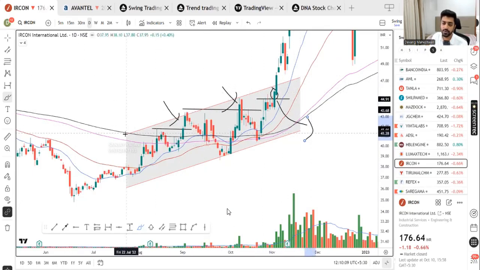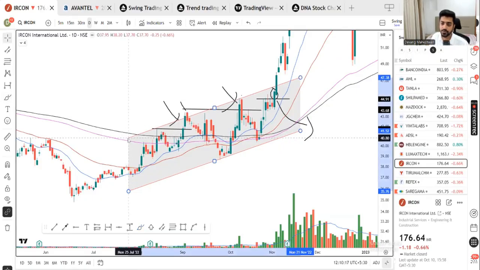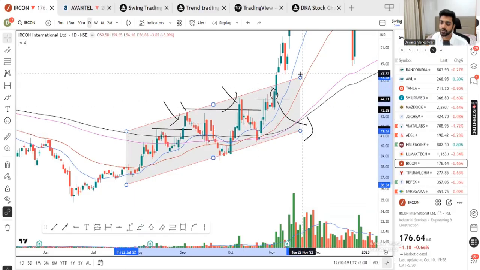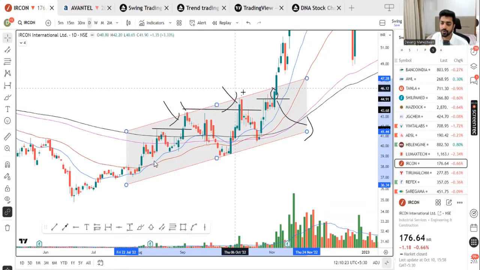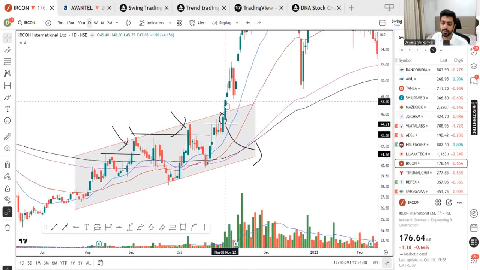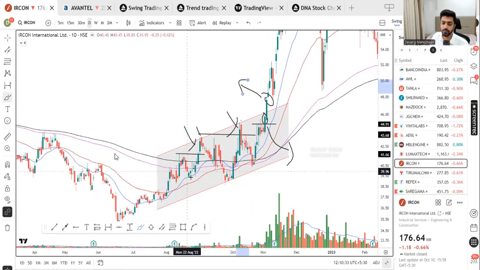This is your upward side area where you have one touch point here, two touch points here. You don't have 3, you have 2. Here one failure, here one failure. This is your final breakout here. So this is an upslope.